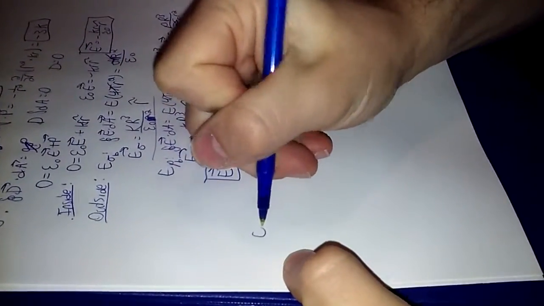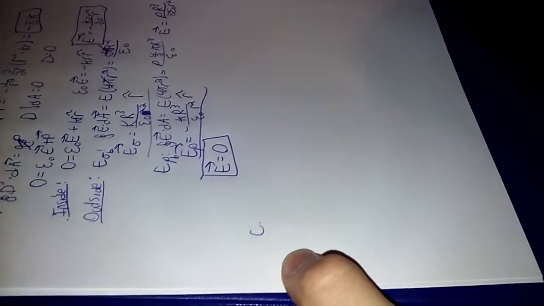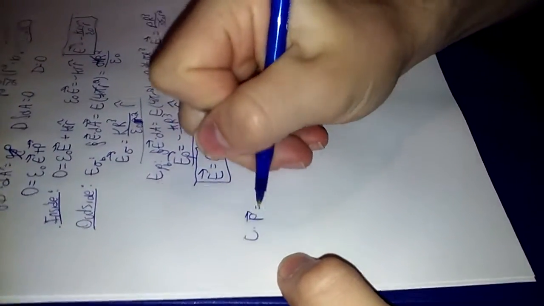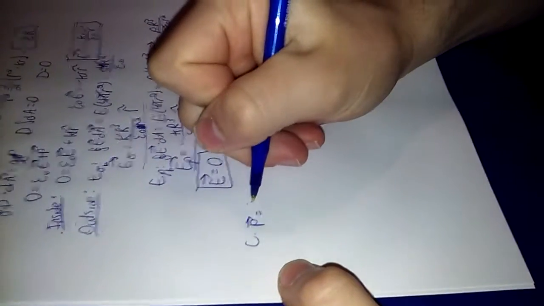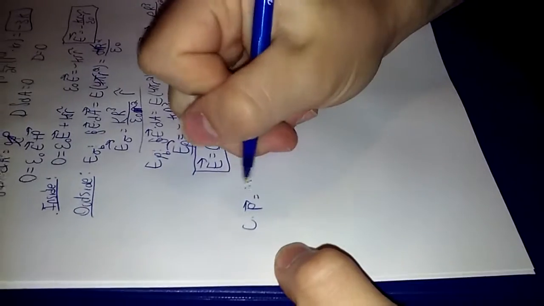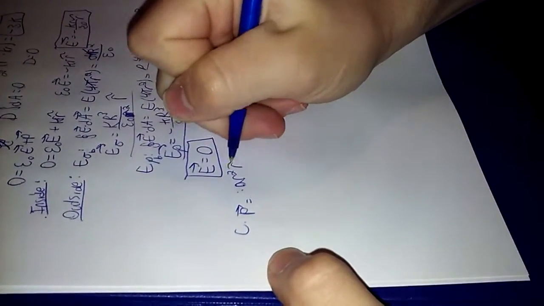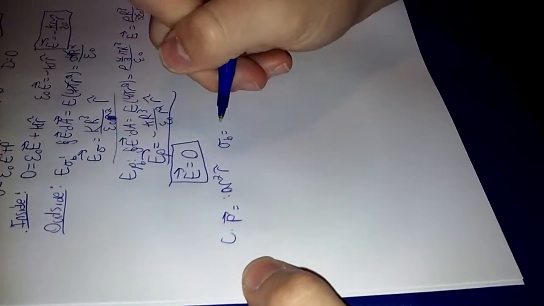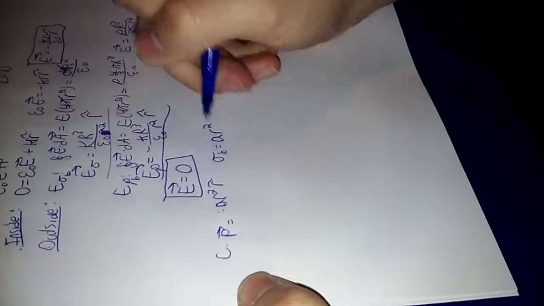Part C. Now we have almost the same problem, except P is now ar squared in the r hat direction. So sigma b, once again, they're in the same direction, so we get the same result from the same logic.